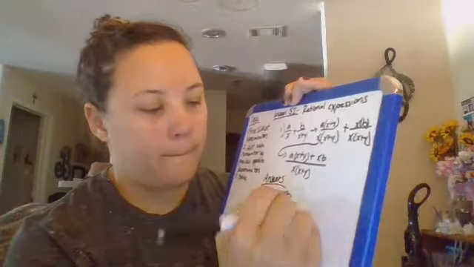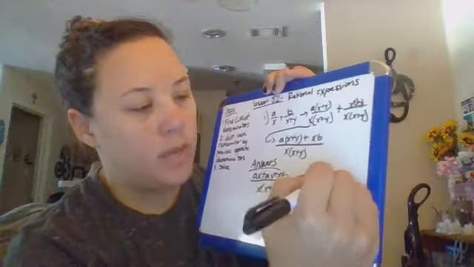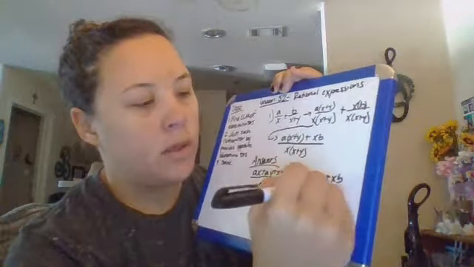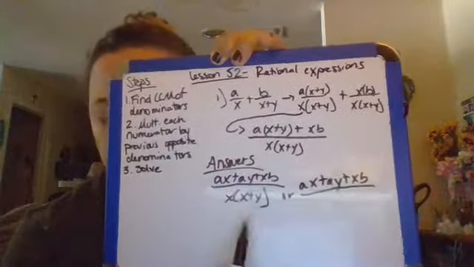Or distribute out the top again, ax plus ay plus xb, and then actually multiply out the bottom as well.